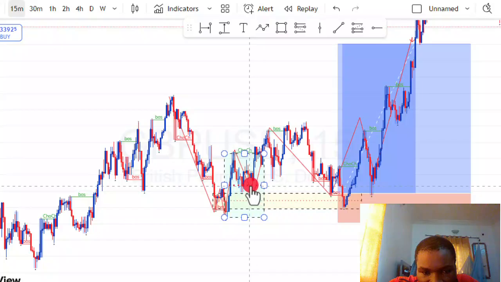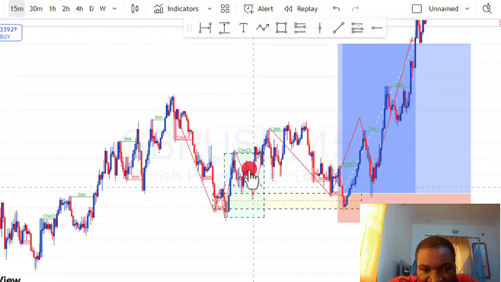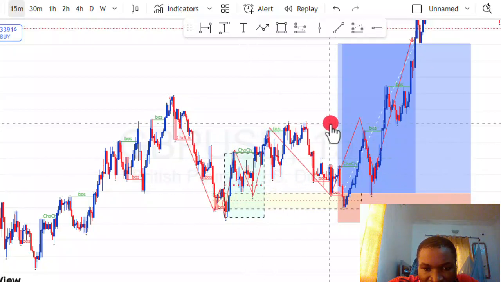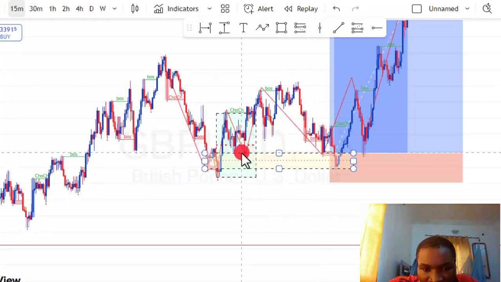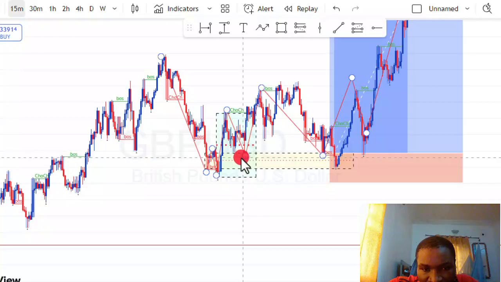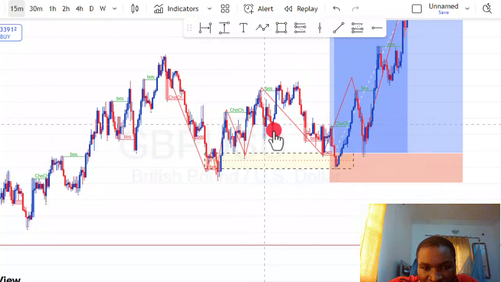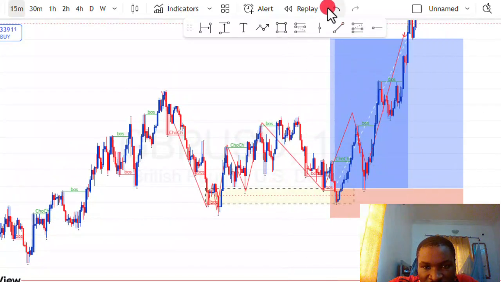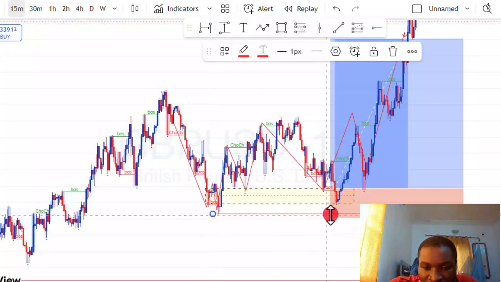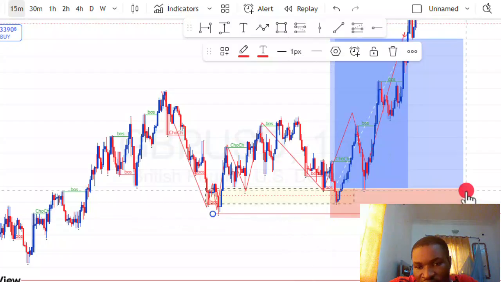Yes, it is now bold. You have to make sure that it mitigates 50%. Then using that as the inducement, you can now make your entry. That is the second entry model. Then your stop loss here, you can add a little space.